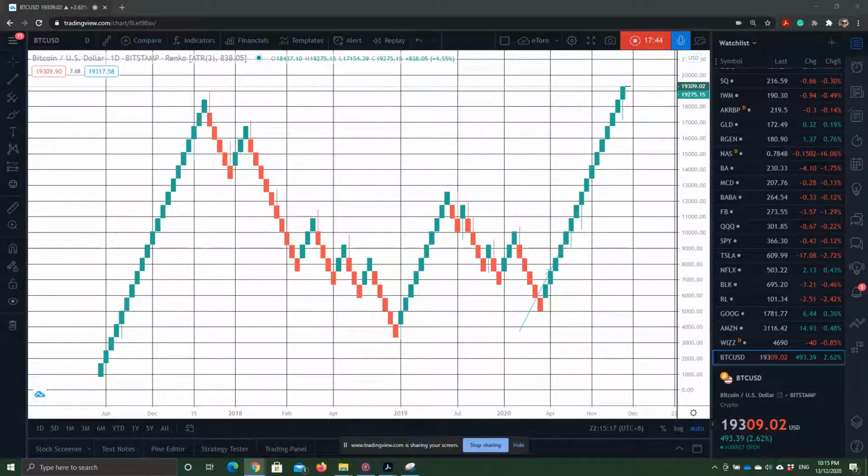The other thing about Renko charts is they typically use closing price based on the chart time frame chosen. For example, if using weekly or daily, like the one that we use, then the weekly or daily closing price will be used to construct the bricks.